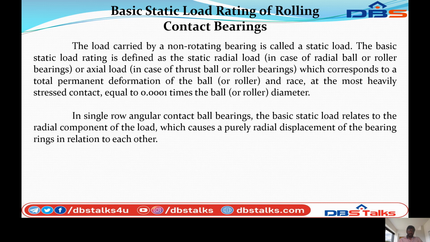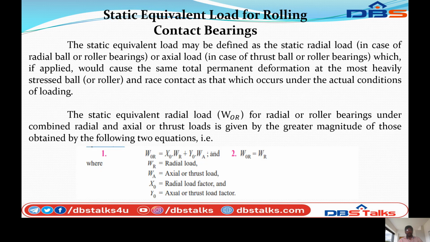In single row angular contact bearings, the basic static load relates to the radial component of the load, which causes a purely radial displacement of the bearing rings in relation to each other. Next, static equivalent load for rolling contact bearing.